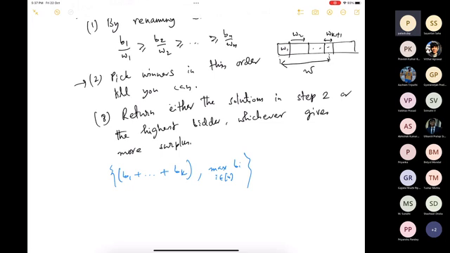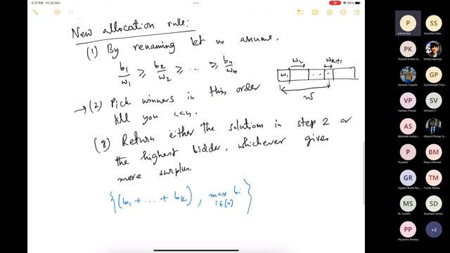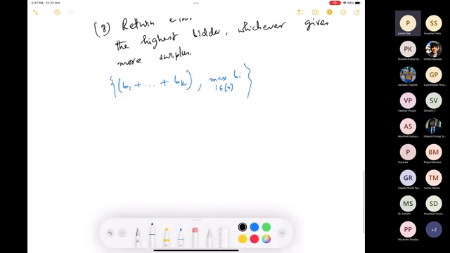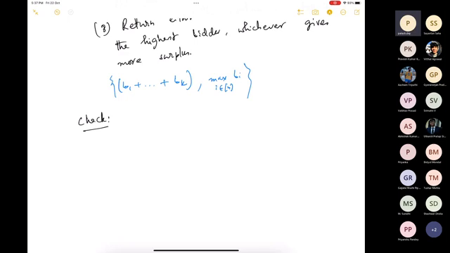Okay. So clearly this is efficiently computable. All the steps can be implemented in polynomial time, and I let you check that it is also easy to check that the allocation rule is monotone.